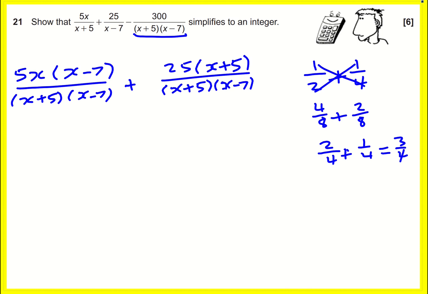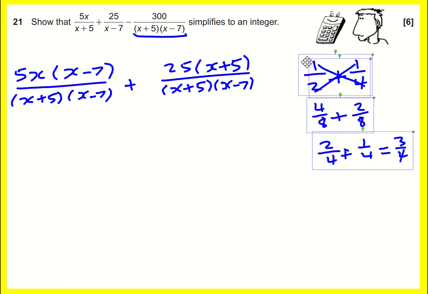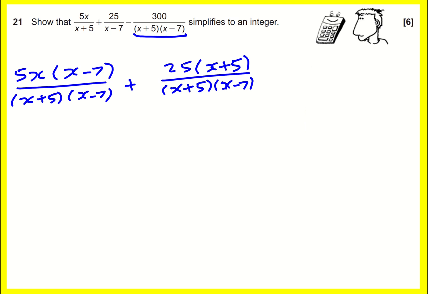And then finally, with this one, I don't need to do anything to it because it's already got the denominator I'm interested in. So I'm just going to write down minus 300 divided by, and I'm expecting this all to cancel down. So that's a nice little hint that the question's given me. I know that's going to happen at some point.